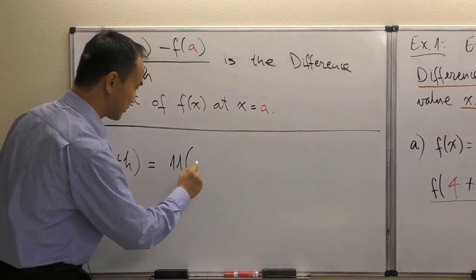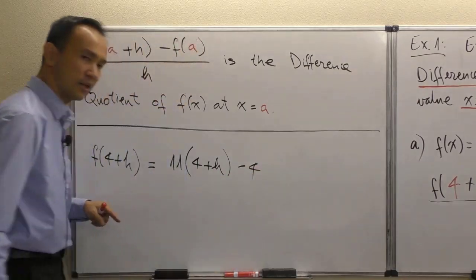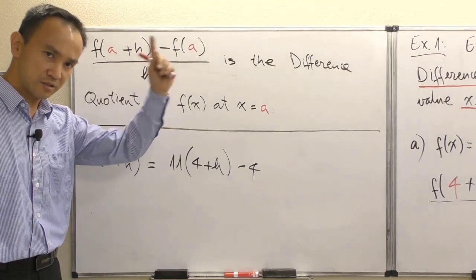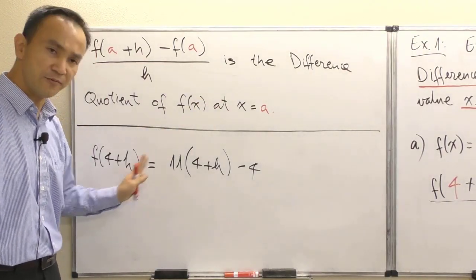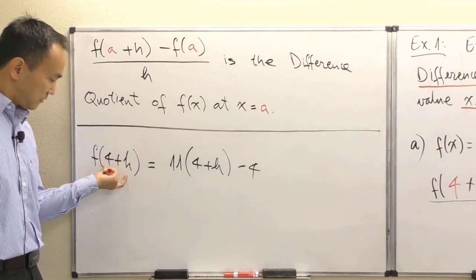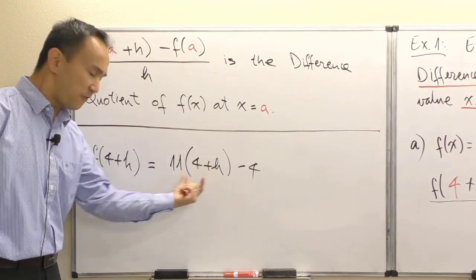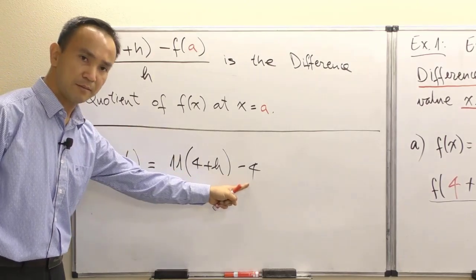So 11 times the input, 4 plus h, minus 4. It's no longer square because square was for the function we introduced earlier. Here it's a different function, a different rule. So on this input, substitute it into the new function: 11 times the input minus 4.